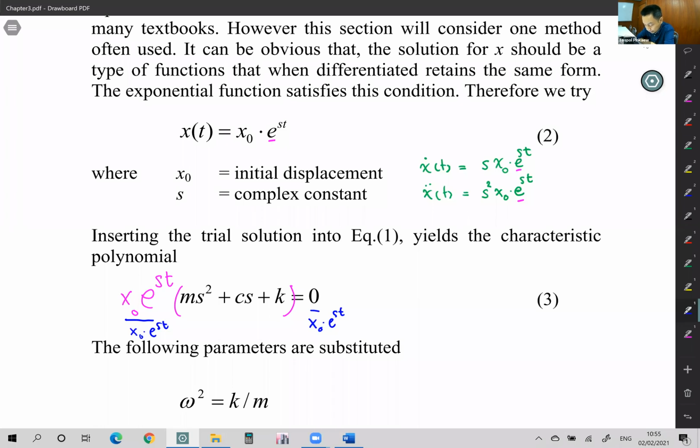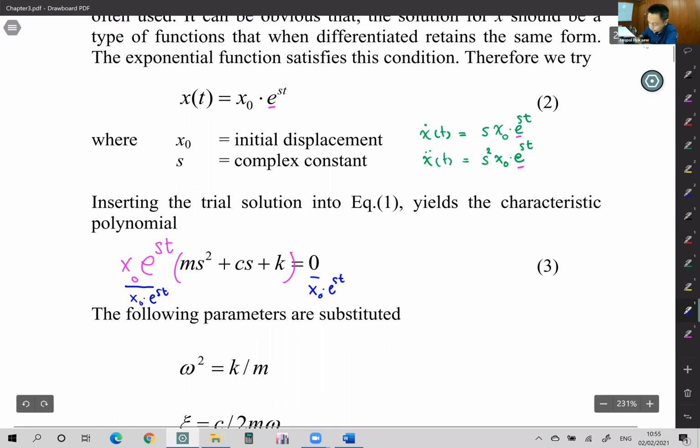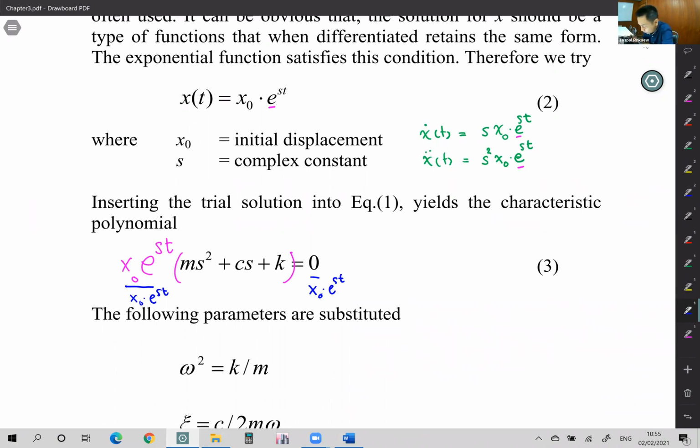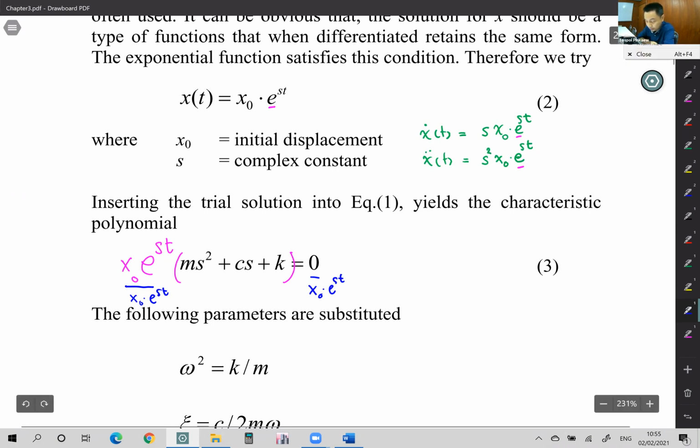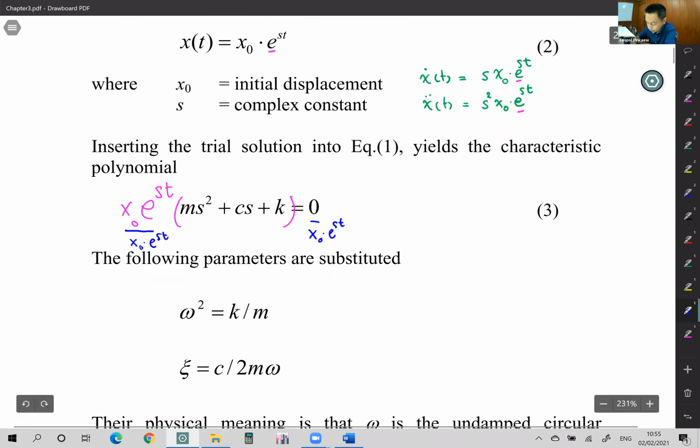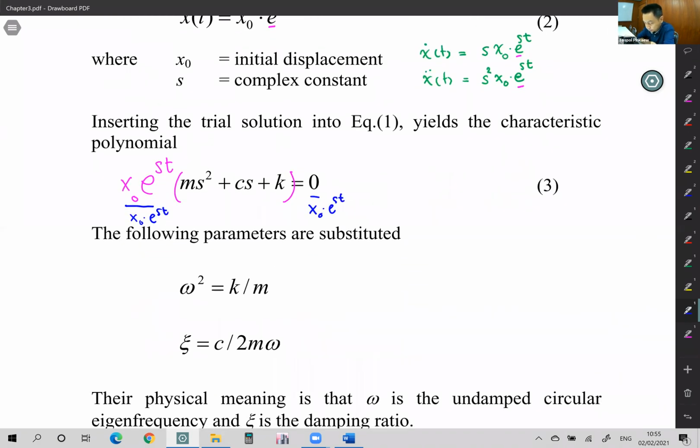The unknown now is only S. Okay? And this equation has its own name. We call this the characteristic polynomial equation. To obtain S, this is not news to you, right?